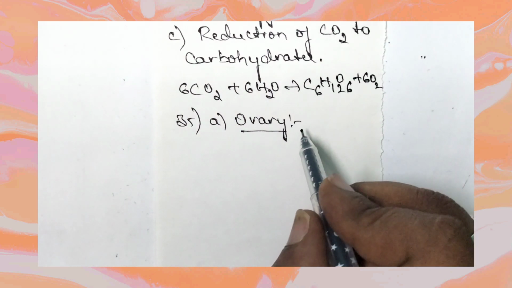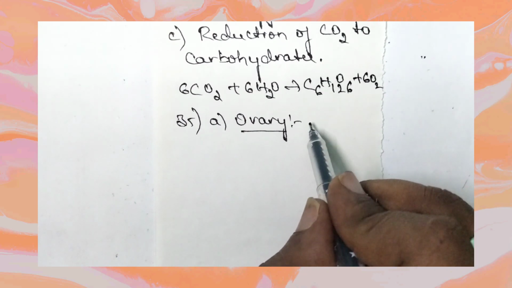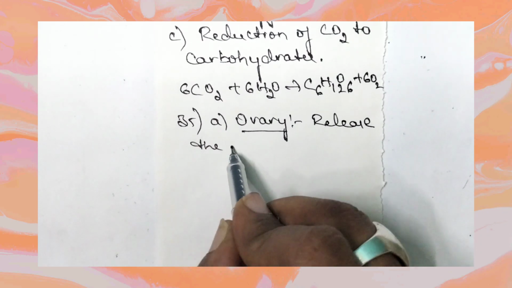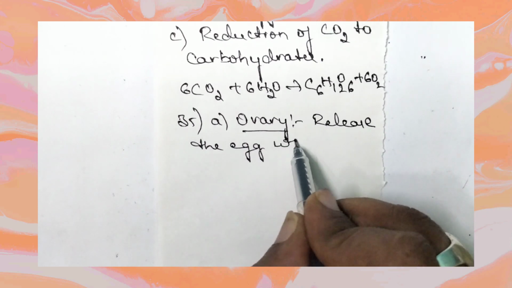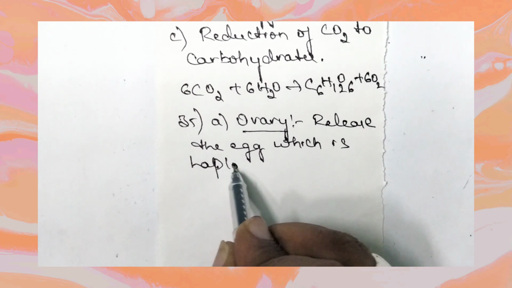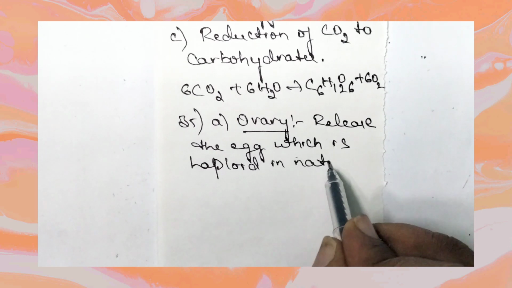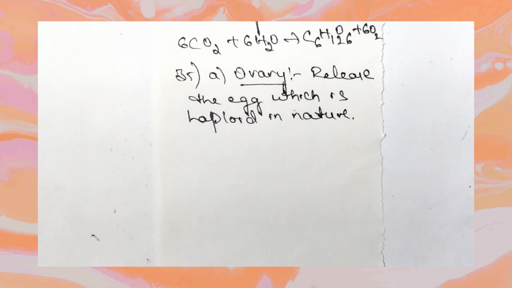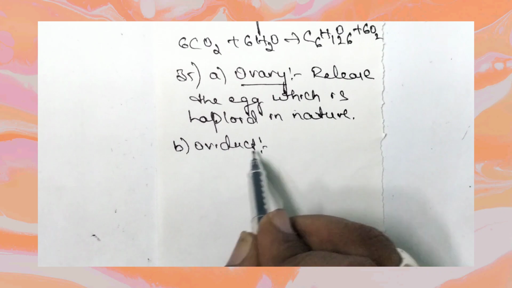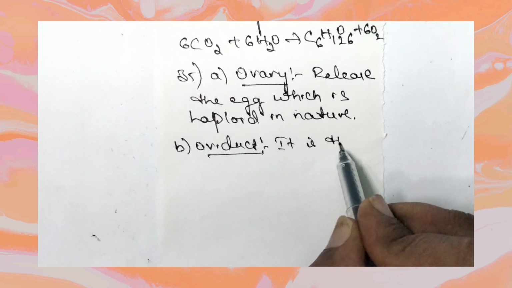The function of ovary is to release the egg which is haploid in nature. This is the function of ovary. Then coming to the second one, let us write the function of oviduct. Oviduct is also called fallopian tube.